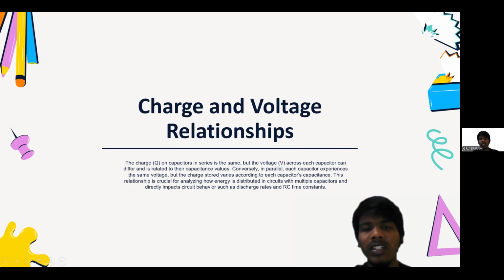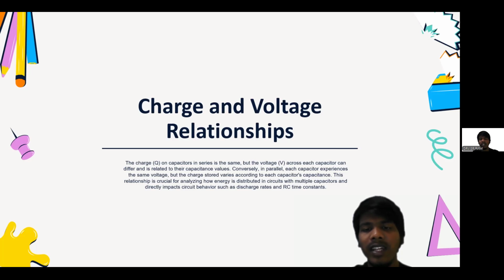Charge and voltage relationships. The charge Q on capacitors in series is the same, but the voltage V across each capacitor can differ, and it is related to their capacitance values.